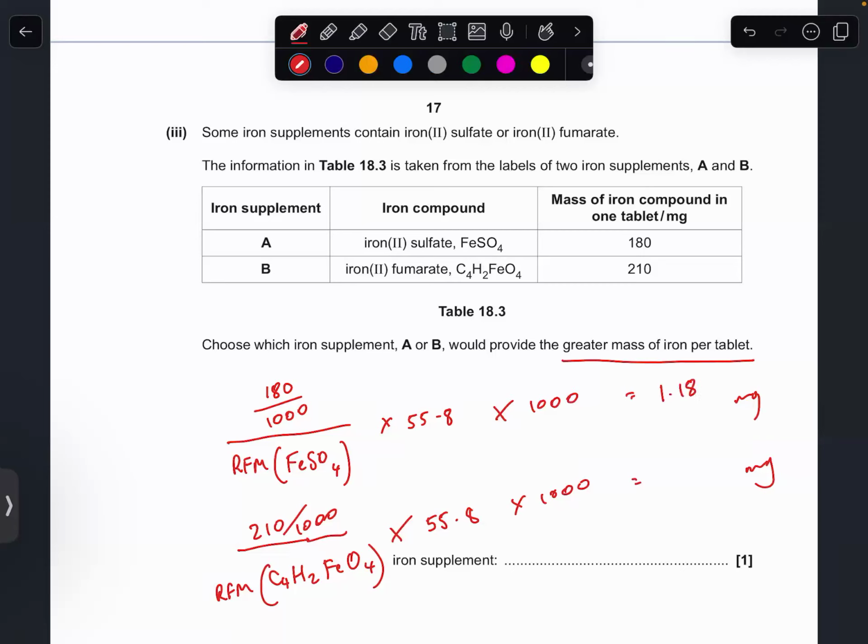Wait a minute, let me just work this out again.